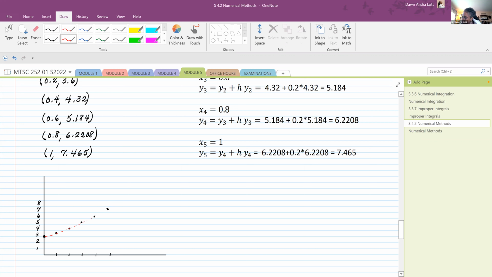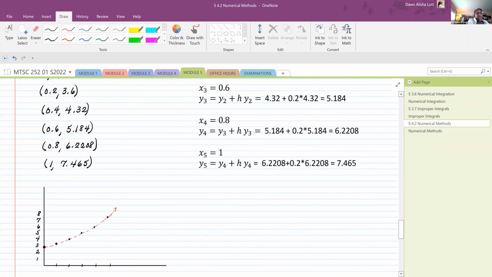So this is an exponentially growing function. Okay, so that's what our guess is for what the solution looks like.